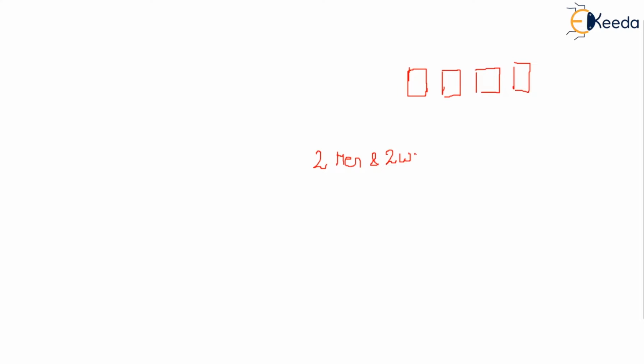If out of a total of 10 men and 10 women, tell me in how many ways I can do this. This is generally the way the question will come in permutation and combination. In this question you have to choose 2 men out of 10 men and 2 women out of 10 women.